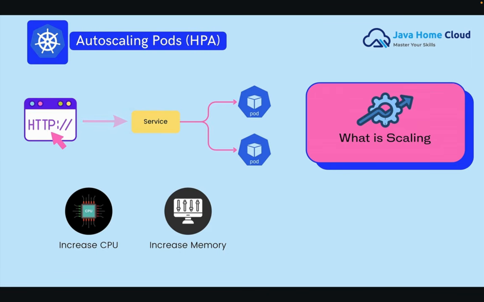That is also fine. So one is called vertical scaling, where the number of pods remains the same, and we increase CPU and memory for those pods. Coming to horizontal scaling, we add more pods to capture the additional traffic coming to this application.